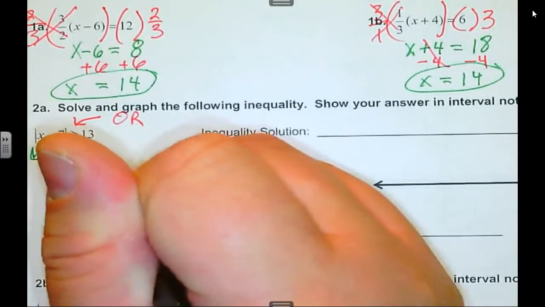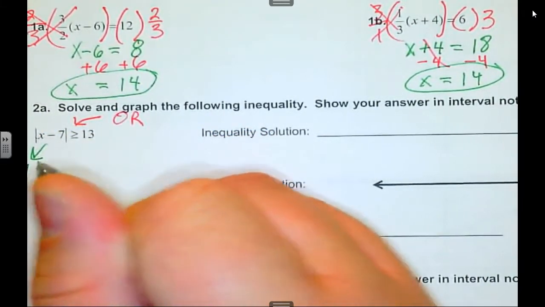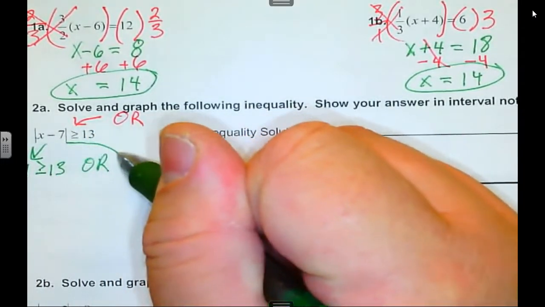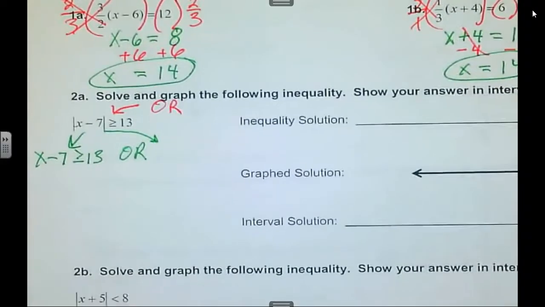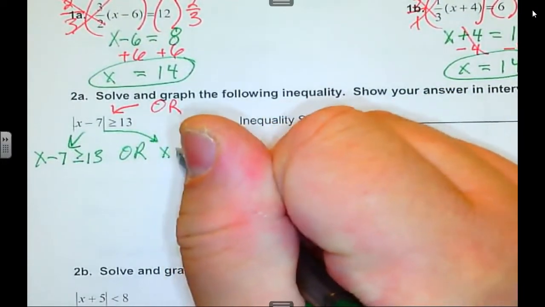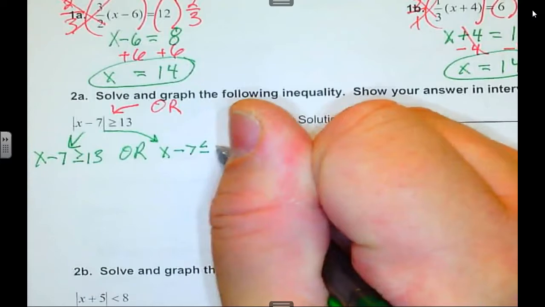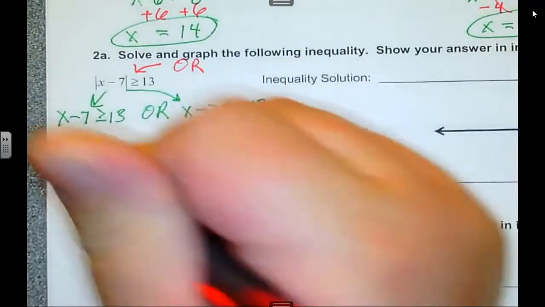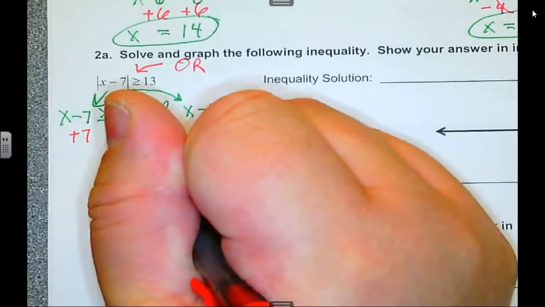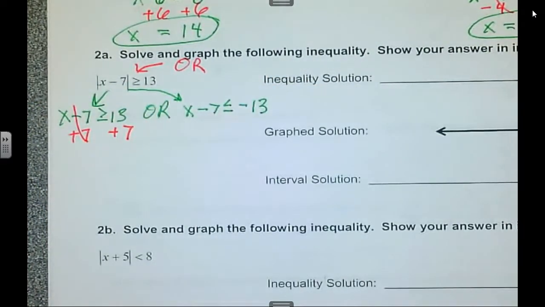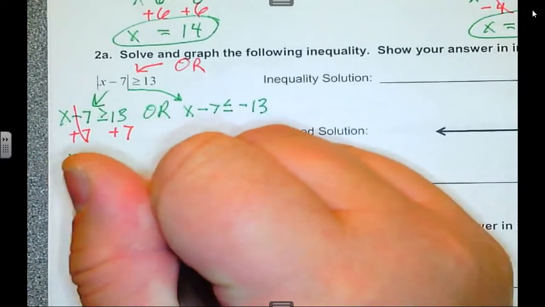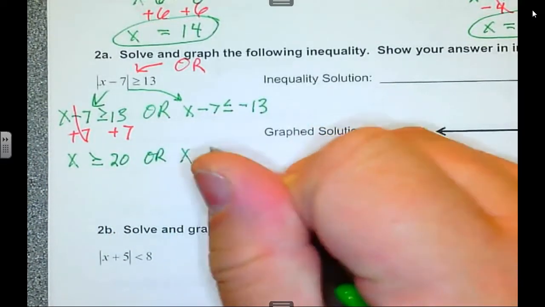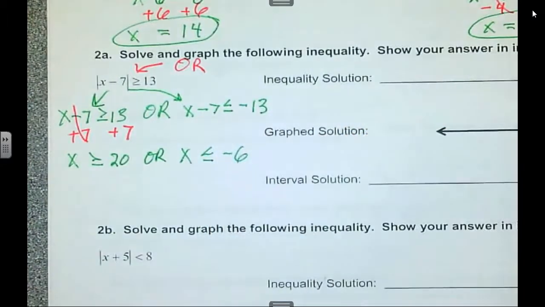Since it's by itself, I set x minus 7 greater than or equal to 13, or set x minus 7 less than or equal to negative 13, and solve each side. Add 7, add 7. X is greater than or equal to 20, or x is less than or equal to negative 6.